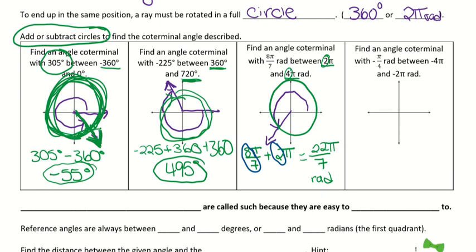This next one, we've got negative pi over 4 radians, right here. And again, we can add or subtract as many circles as we want. Since our goal is to get between negative 4 pi and negative 2 pi, we want to subtract. So we're going to go backwards a full circle. So negative pi over 4 minus 2 pi.